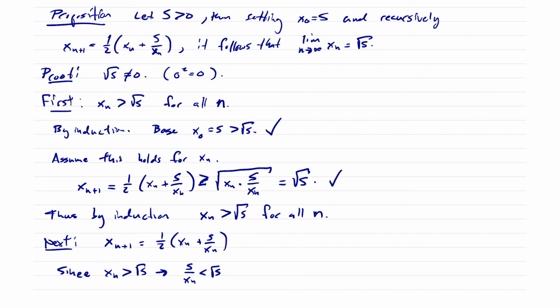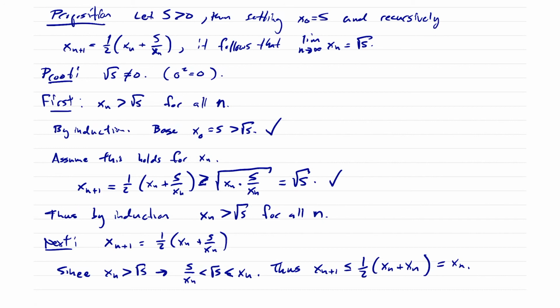But the square root of s itself is less than xn. So thus we have that xn plus 1 is less than or equal to 1/2 of xn plus xn, and that is just xn.